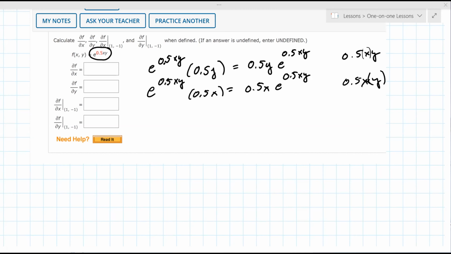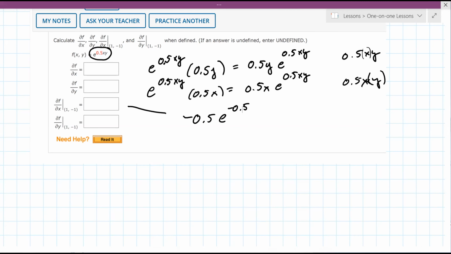Okay. And then when you evaluate it, your answer is going to have e in it. So when you evaluate it down here for y is -1, it's going to be negative 0.5 e to the negative 0.5. And this time it actually works out. E can take on these negative values.